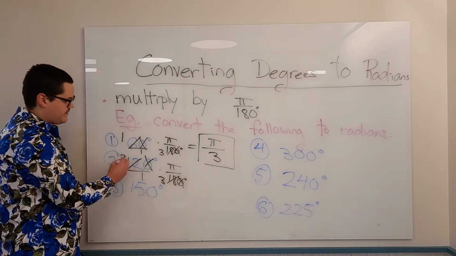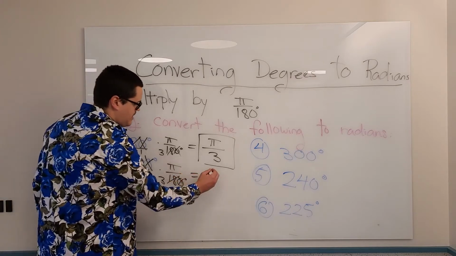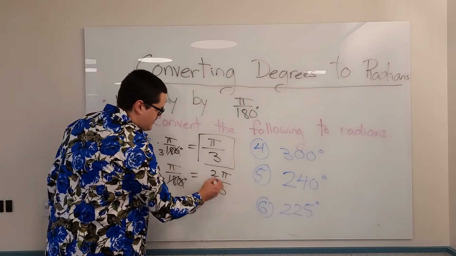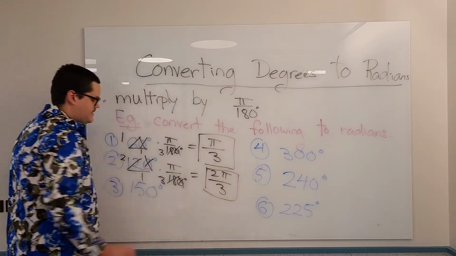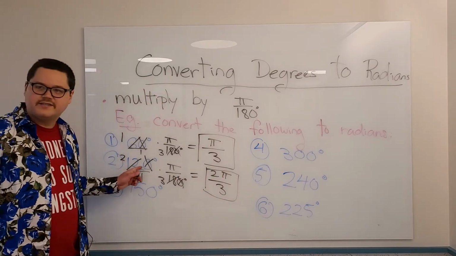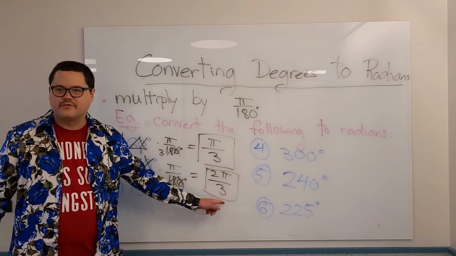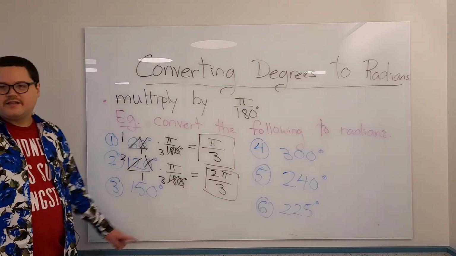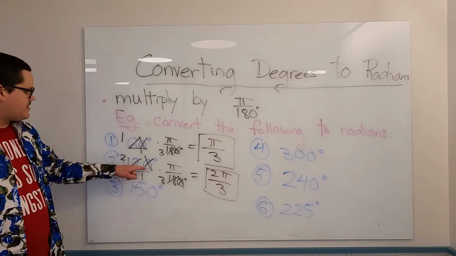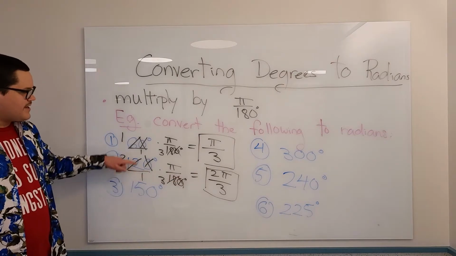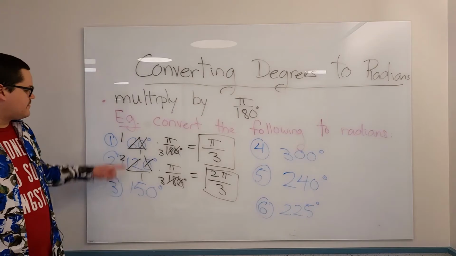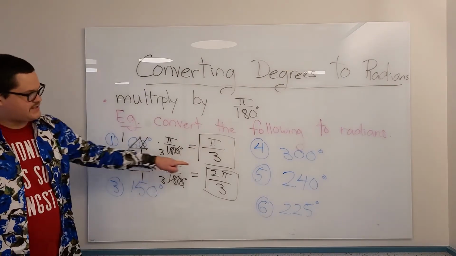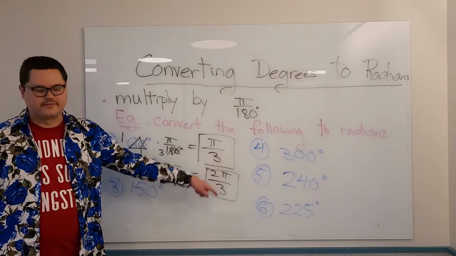So upstairs we have 2 times pi, downstairs we have 1 times 3, and that's it. 120 degrees is 2 pi over 3 radians. Couldn't be easier. Note as well that 120 degrees is twice 60 degrees. So if you knew that 60 degrees was pi over 3, 2 times that has to be 2 pi over 3.